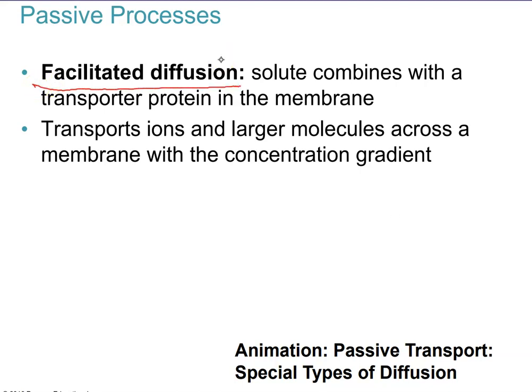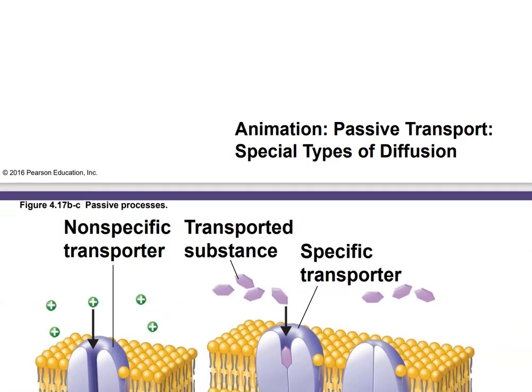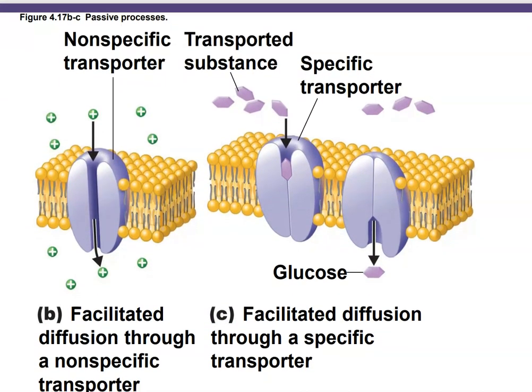It usually needs some sort of a channel or a pore. And that's the way you get ions or larger molecules, especially the hydrophilic ones, across. But you still need to have a concentration gradient. So it's still a passive process and it doesn't require energy, but you need to help the stuff across because the phospholipid bilayer is too good of a barrier.